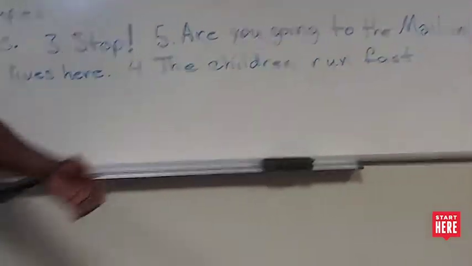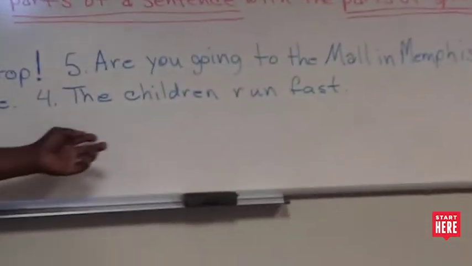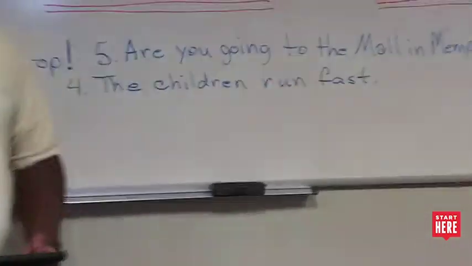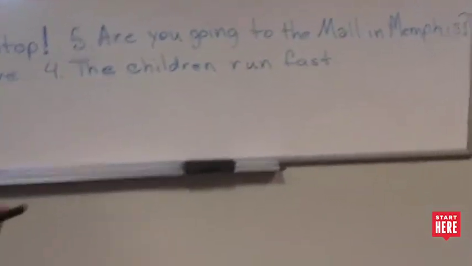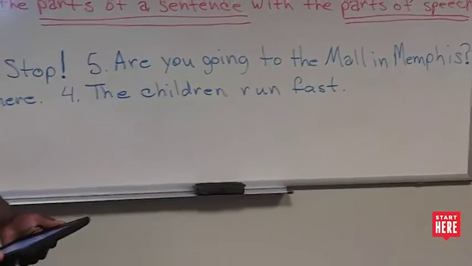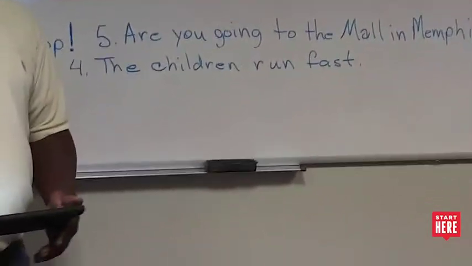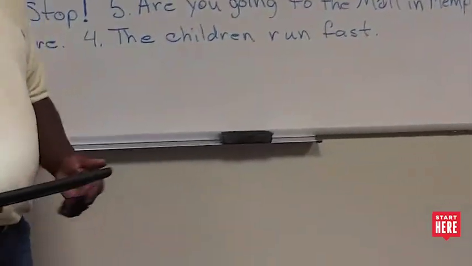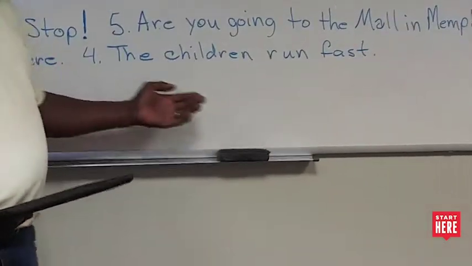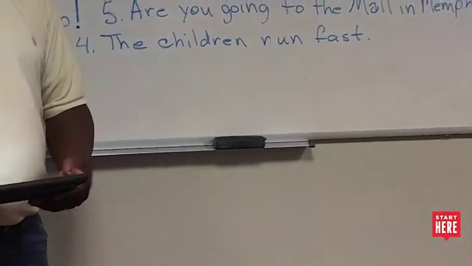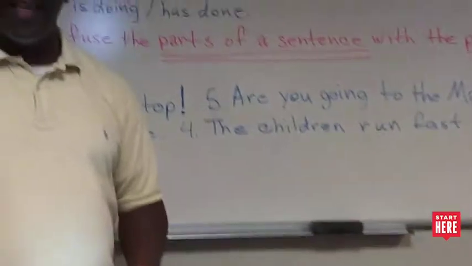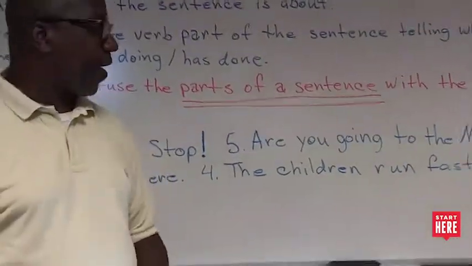Let's look at 4. The children run fast. Again, a sentence is made up of only two parts, a subject and a predicate. The children is the subject. What is the predicate? Everything else left over becomes your predicate.